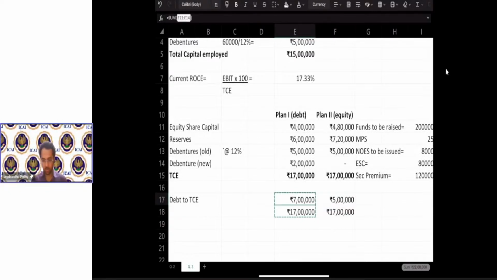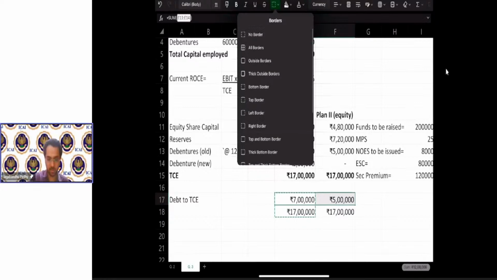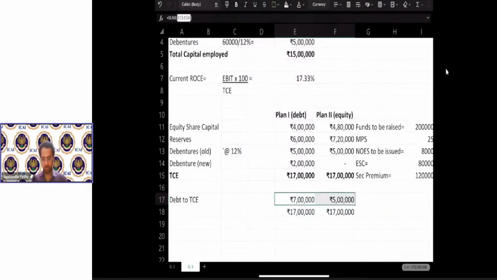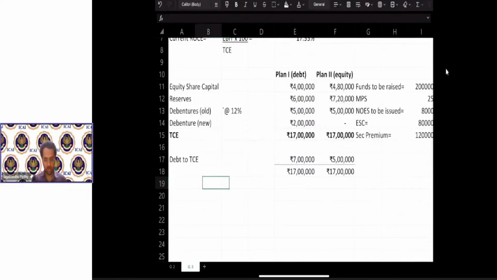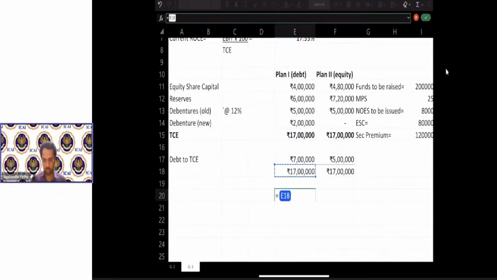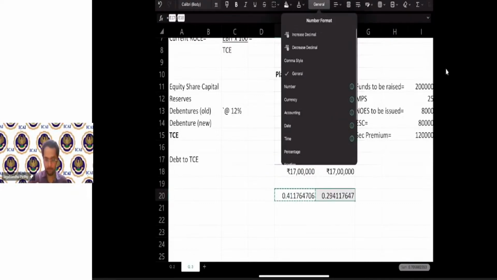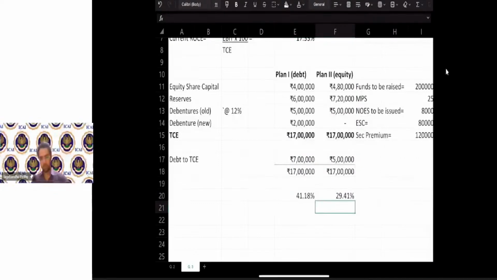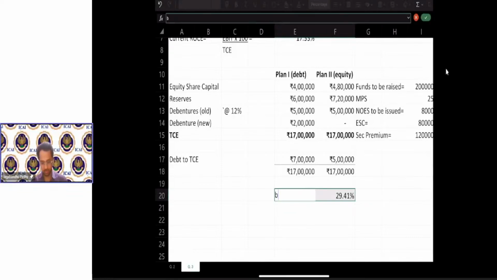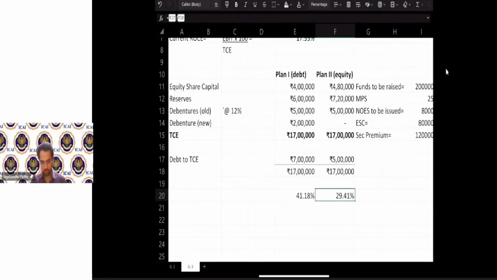So here we have these numbers. The debt ratio comes out to be 7 lakh divided by 17 lakh. In percentage terms, that's 41.18% and 29.41%, right?